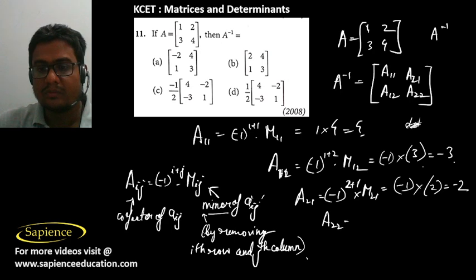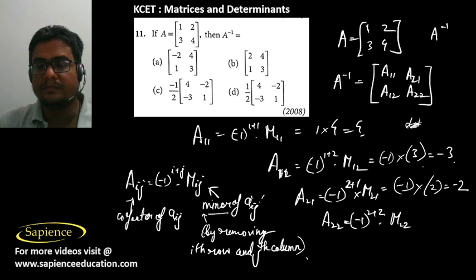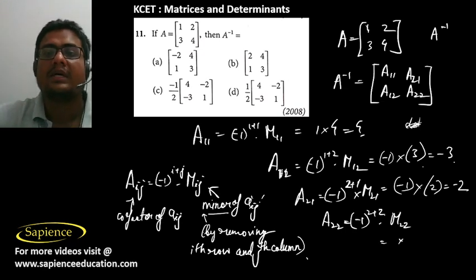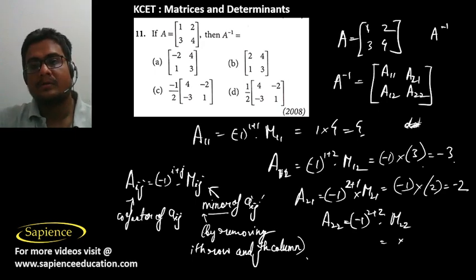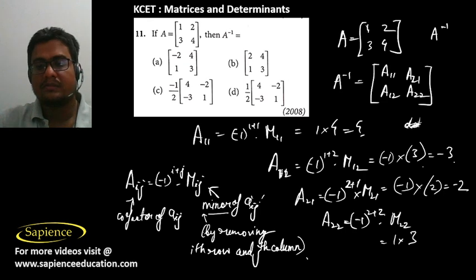And A22 will be equal to minus 1 whole power 2 plus 2 into M22. So M22 means that we have to remove the second row and second column and take the determinant of the remaining part, so that is 1 into 3, that is 3.